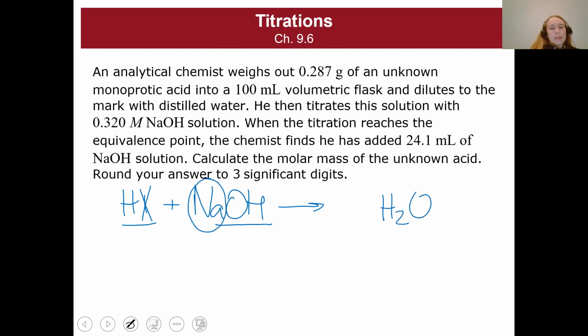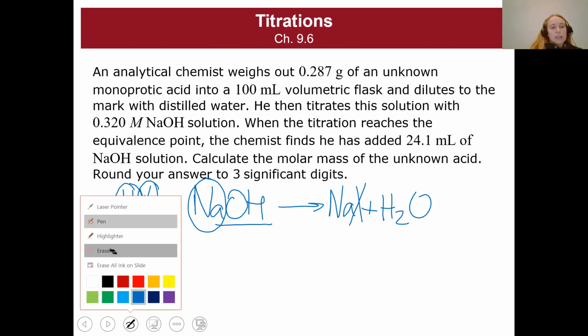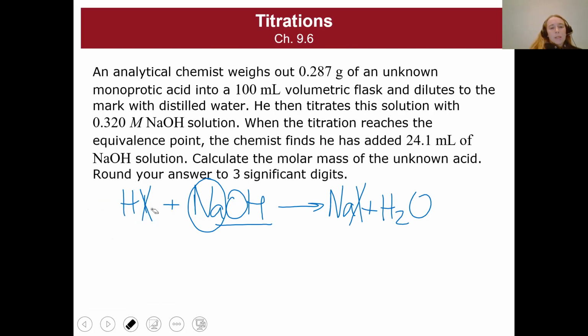Our sodium is a +1 ion, and our X is a -1 ion because it's with a hydrogen. So we know it's a -1 anion. So when they combine, we get NaX. Easy enough. So that is our balanced equation. We don't need to worry about any coefficients. It's a one-to-one reaction because it's a monoprotic acid. So that one little word tells you a lot about the acid.